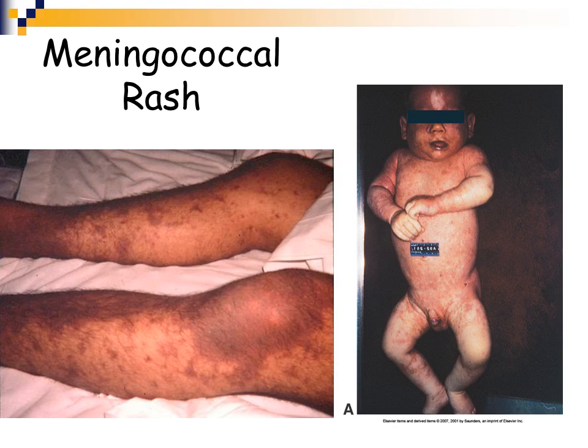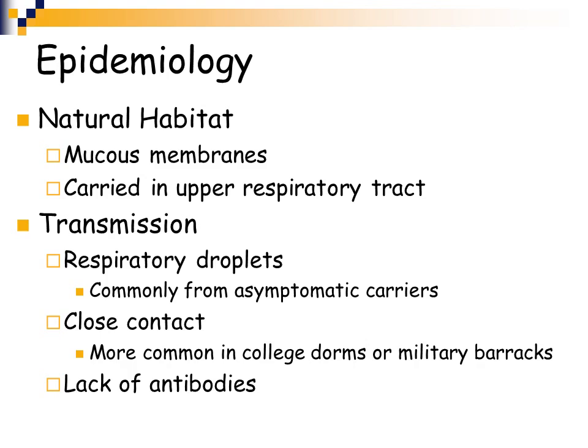So here is this meningococcal rash that commonly develops in an individual with Neisseria meningitidis meningitis or meningococcemia. So these little purple-red splotches all over the body. So again, this organism, unlike Neisseria gonorrhea, which is never normal flora, Neisseria meningitidis is and can be normal flora. So it can reside in the mucous membranes and be carried in the upper respiratory tract of perfectly healthy individuals.